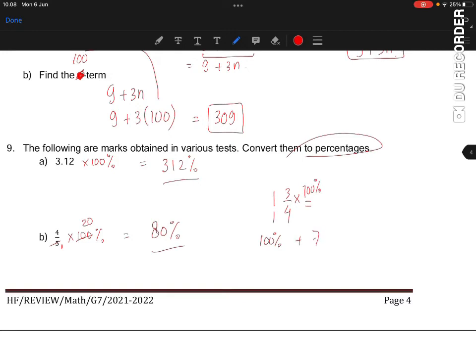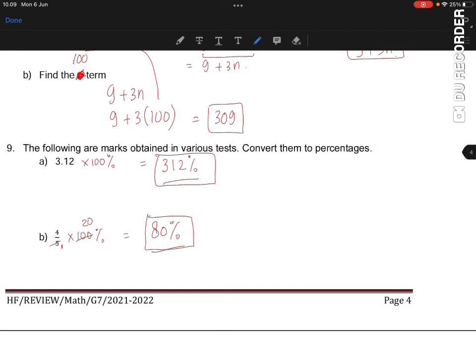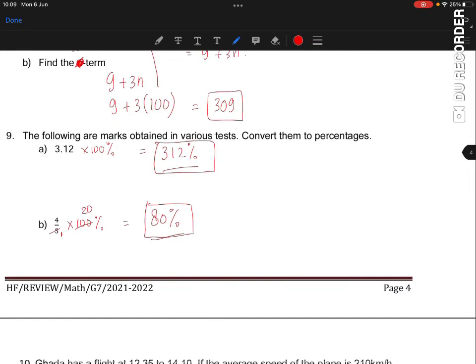So you will have 175% for 1 and 3 over 4, right? Either you want to leave it in the improper fractions, like 7 over 4, or just separate them like this. Finish. I'm going to erase it because I need to share it with you in the Google Classroom later.